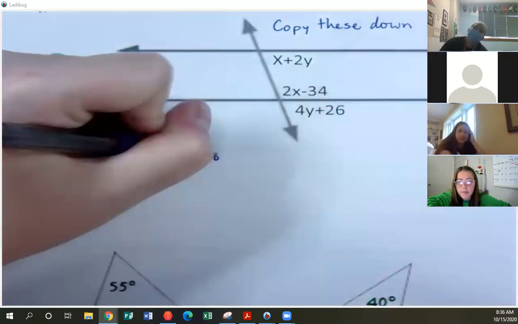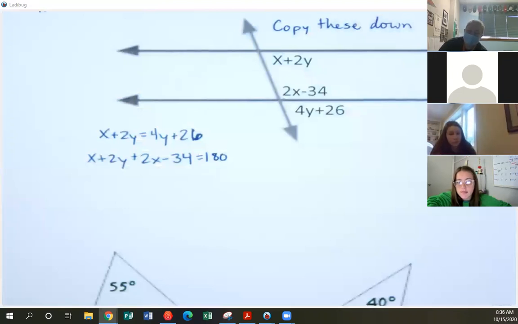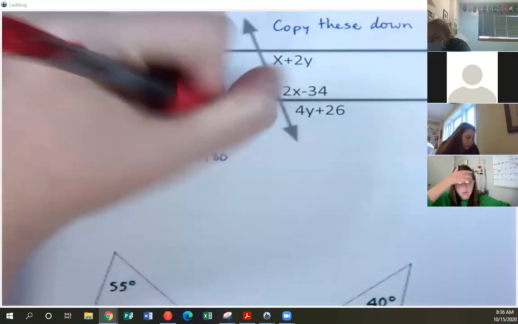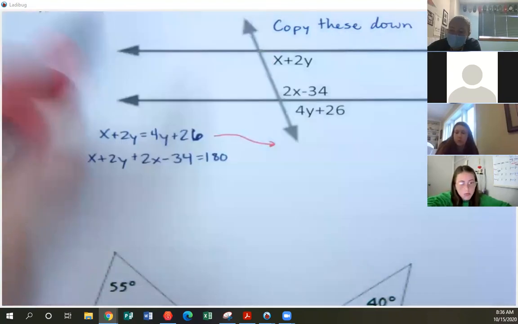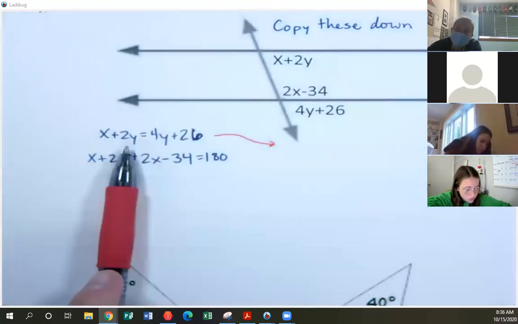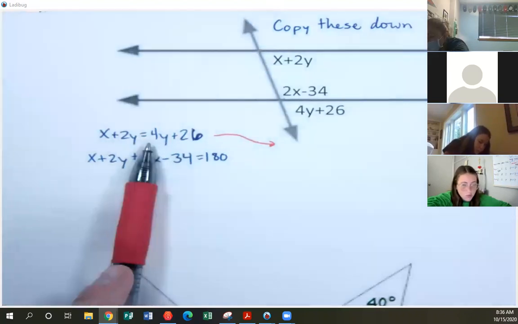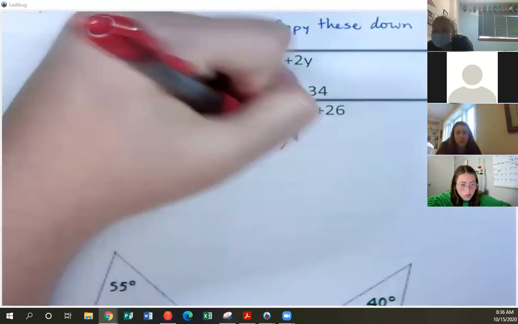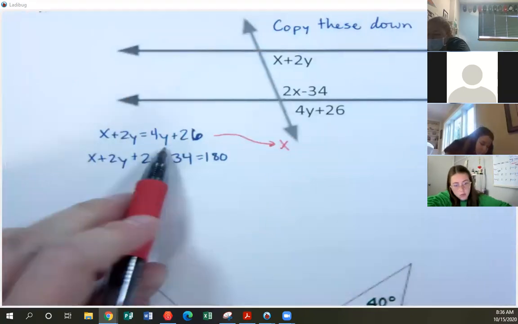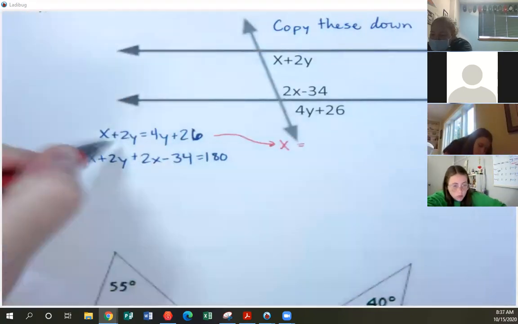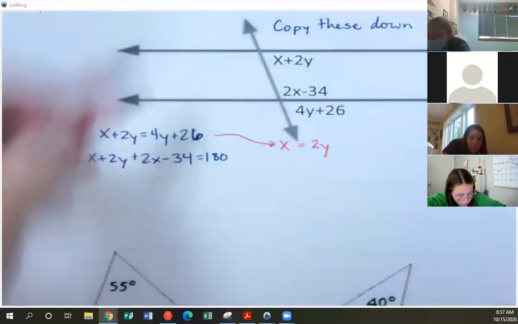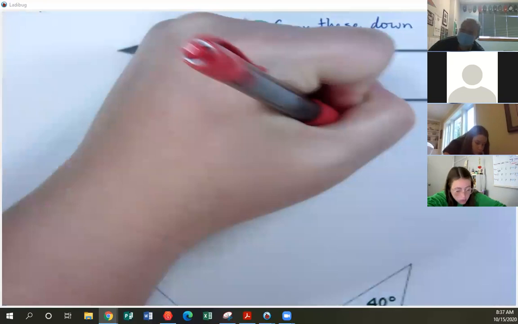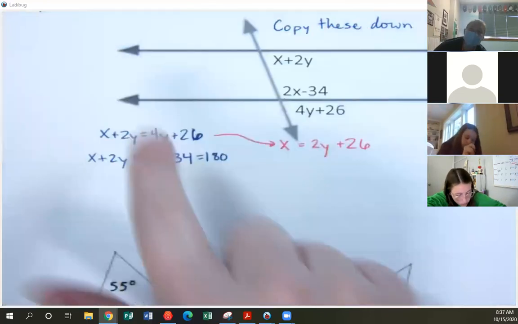Cool. All right, we can make these equations a little bit prettier. How I'm going to do that is I'm going to rewrite them right here. All I can really do is subtract 2y on both sides to make this one nicer. So x, and then minus 2y on this side, minus 2y on this side. The 2y disappears from the left-hand side, and this becomes 4y minus 2y is 2y plus 26. So this is the same equation, I just simplified it a little bit.